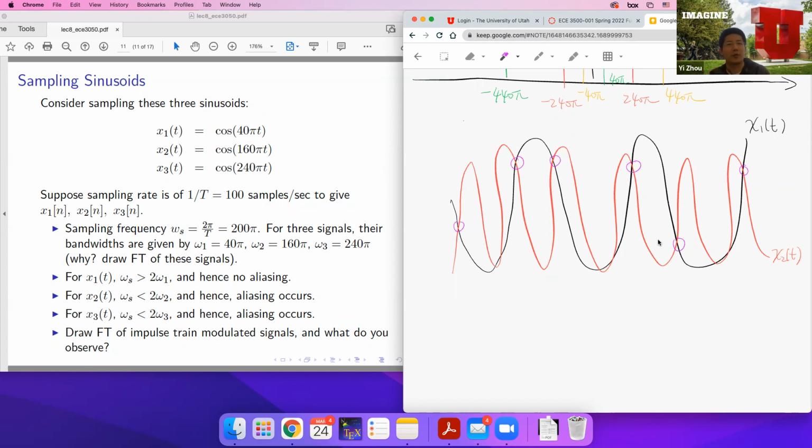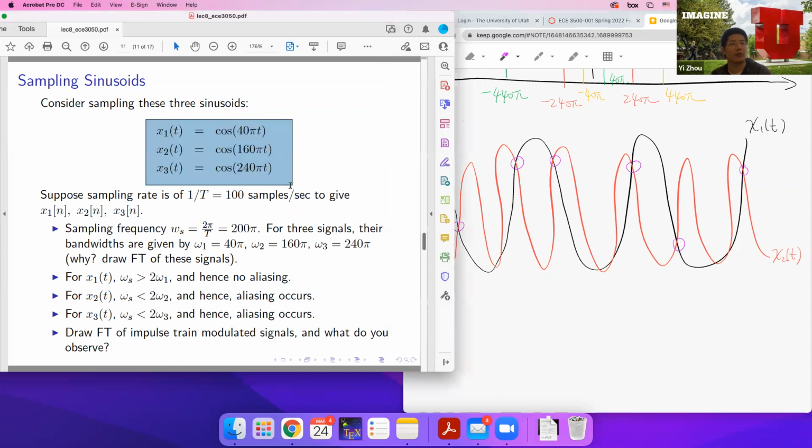Just like this example, we find that x1, x2, and x3 all perfectly interpolate all these discrete samples.